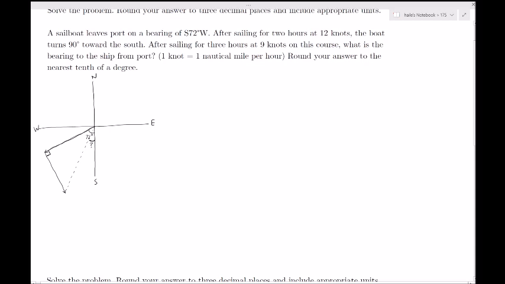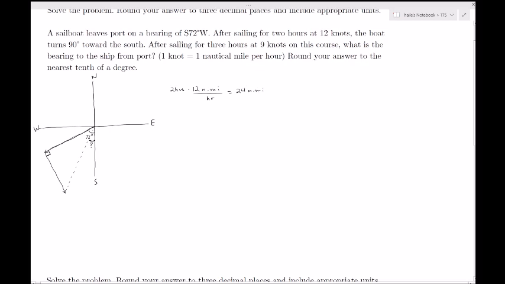Alright, so the first thing that I would do is maybe figure out how long the sides of this triangle are. We know first that it sailed for 2 hours at 12 knots. So if we have 2 hours times 12 nautical miles per hour, that gives us 24 nautical miles.